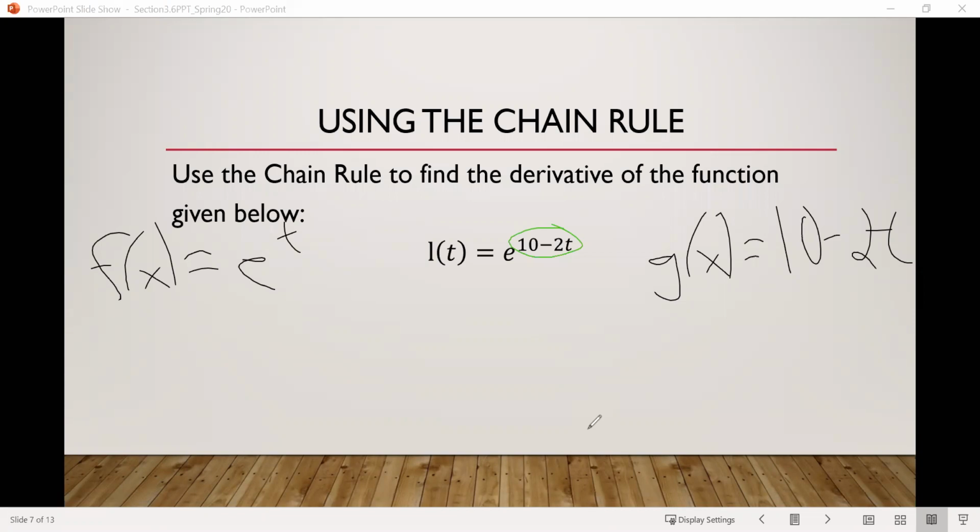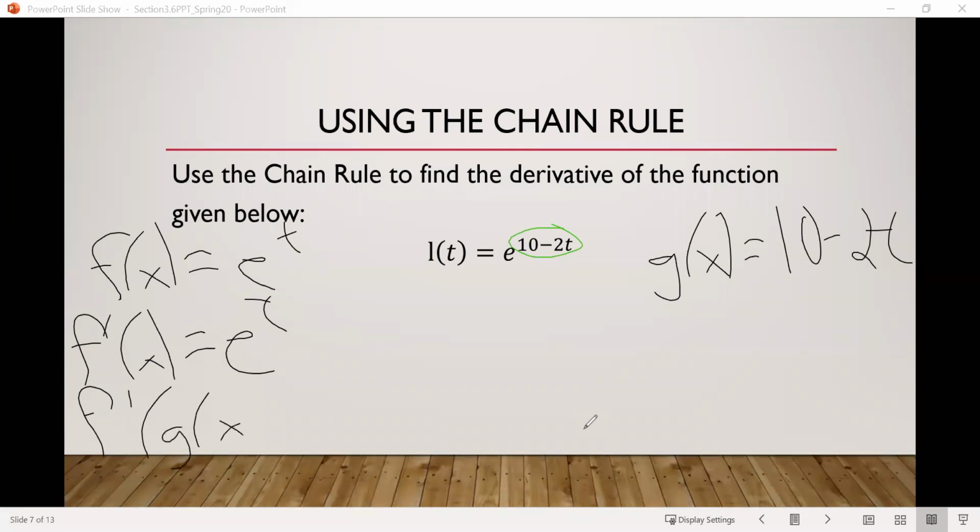And now we go through our process here. So we find our f prime. So we know the derivative of e to the t just gives us e to the t. And then we evaluate that at the function g. So we plug in the function g, or in this case it should be g of t, not g of x. So I have e to the 10 minus 2t.